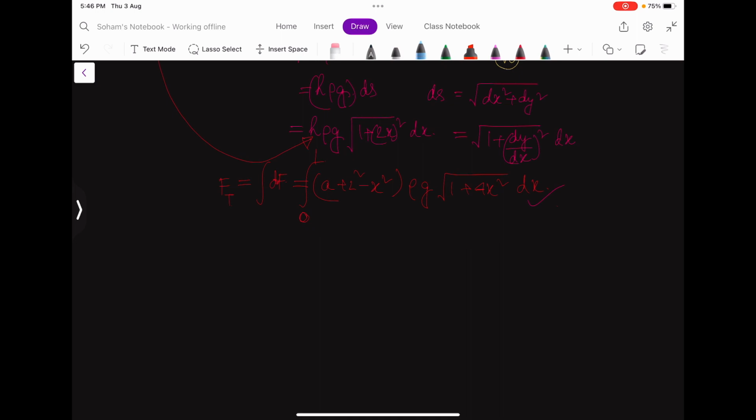Now let us move to the second approach, in which we don't have to integrate actually, but just by applying the common principle of force equilibrium, we can find the forces on a submerged curved surface. So let us again consider the free surface.